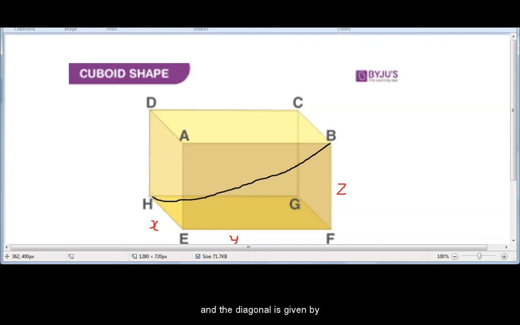And the diagonal BH is given by the square root of X squared plus Y squared plus Z squared.